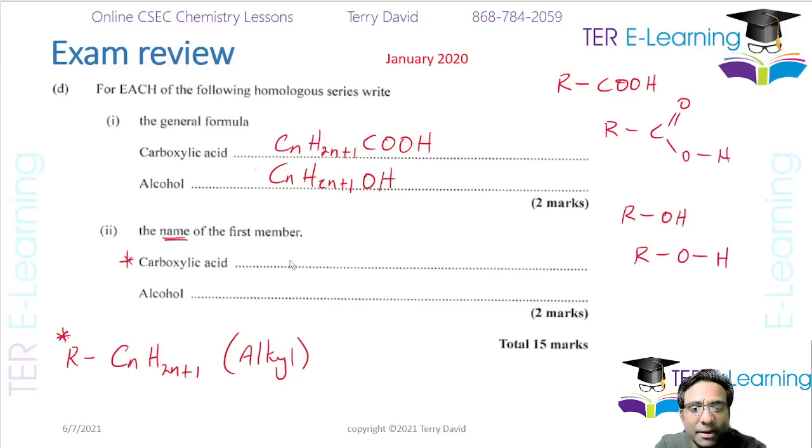The first member only has 1 carbon, so obviously the name of that is going to be methanoic acid. And in the case of an alcohol, it's going to be methanol. They said name it, they didn't want us to give a formula, so just put methanol. That's my bad.